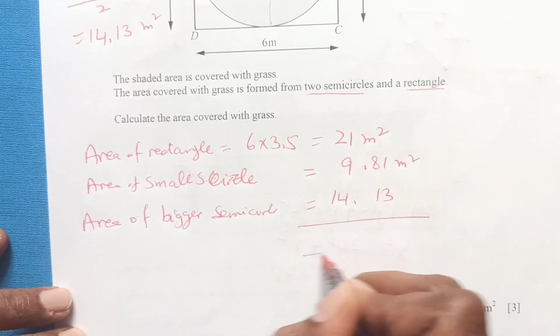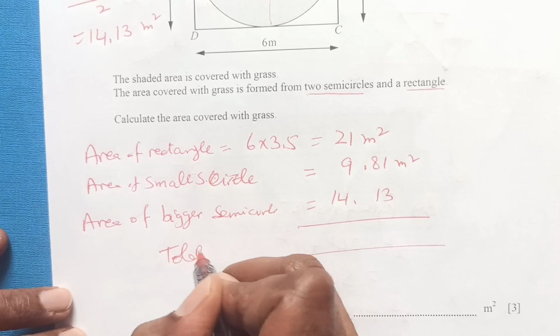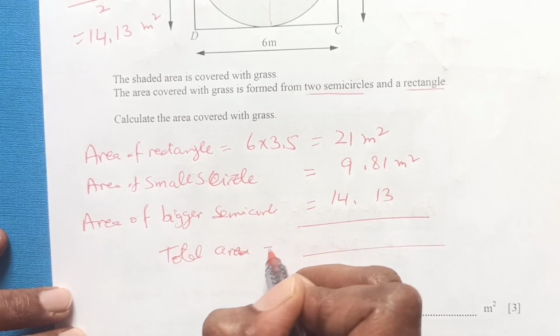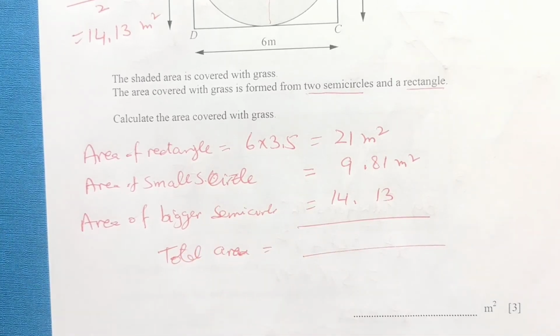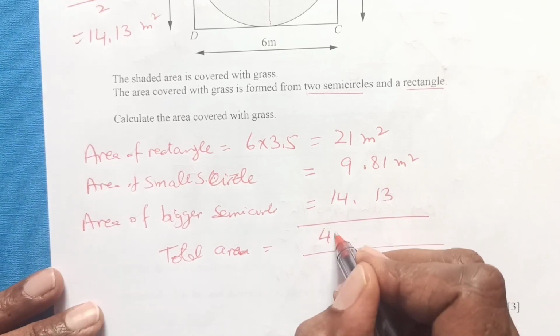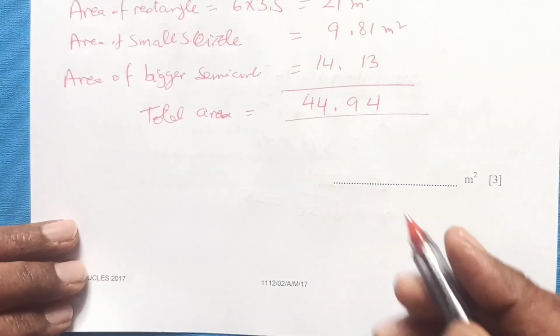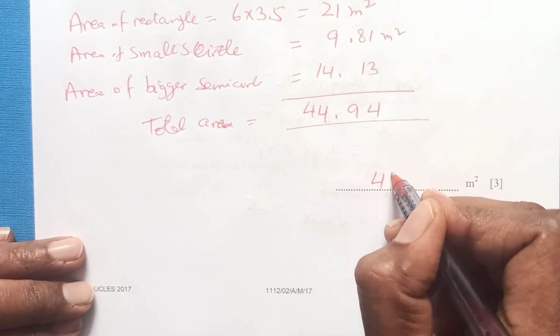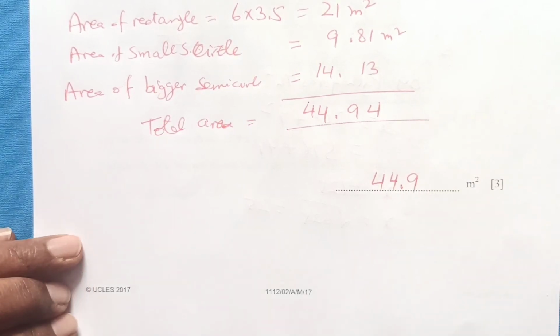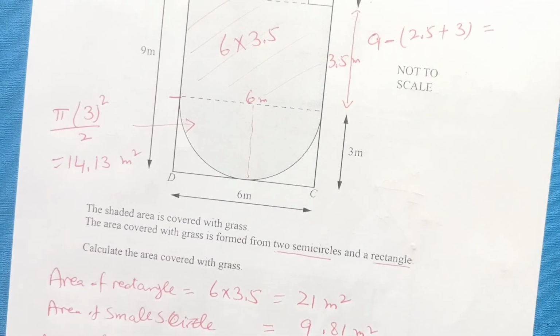So add them to get the total area. So I'm getting this, let me check, 21 plus 9.81 plus 14.13. So it is 44.94. So that's how we are going to write down here. So we can round it to 44.9 meters squared, right?